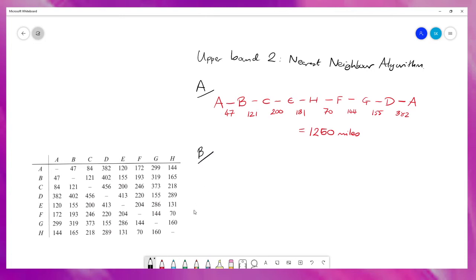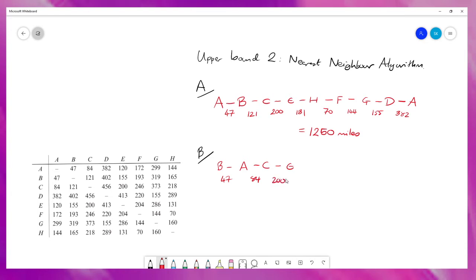So starting at B, we go B to A, which is again the 47. Then we go to C, 84, and then it's broadly the same.